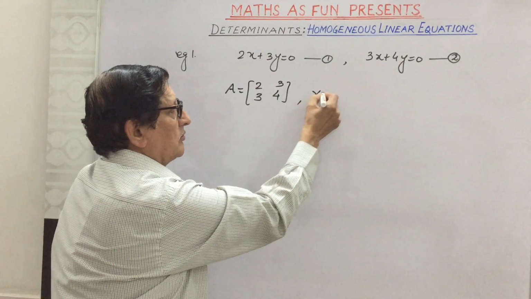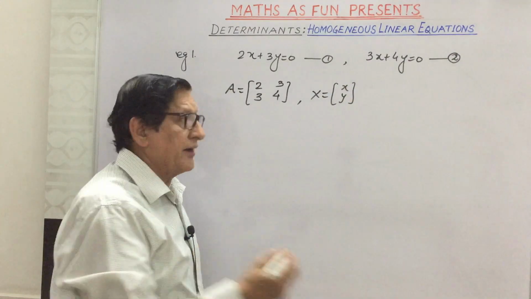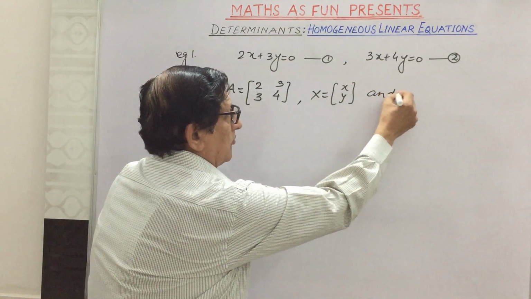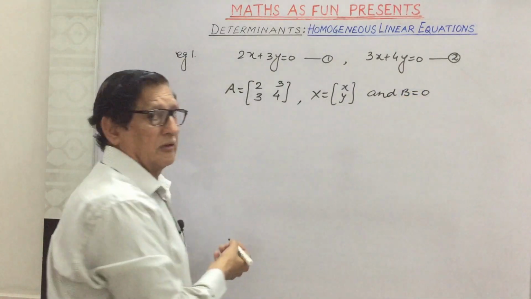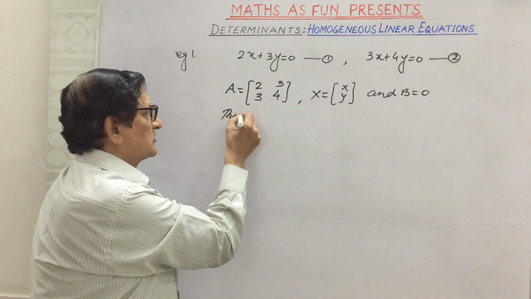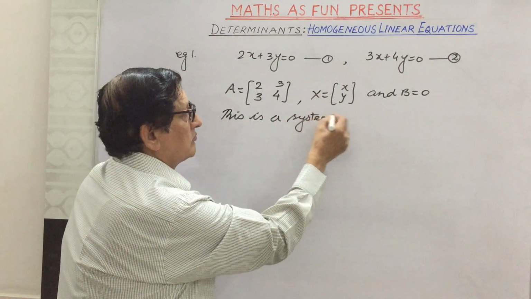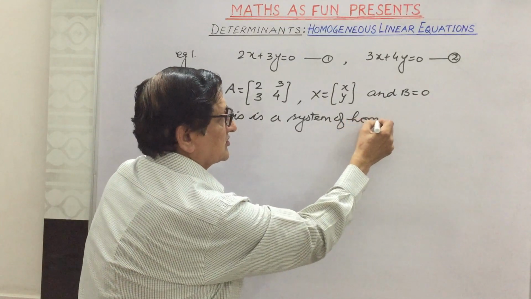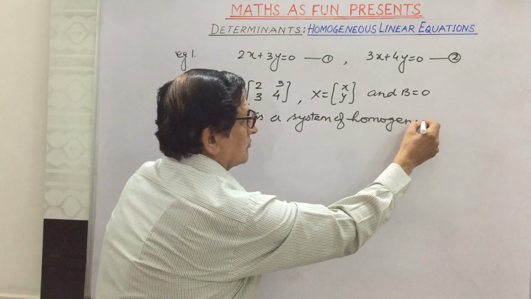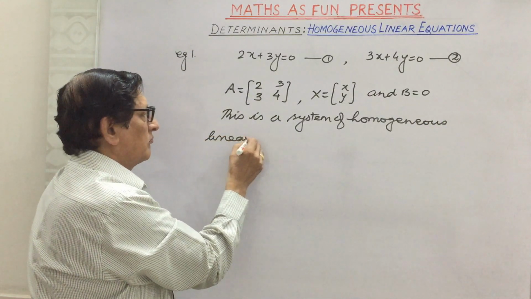X we know is x, y, the variables, and B is 0. This is a system of homogeneous linear equations.